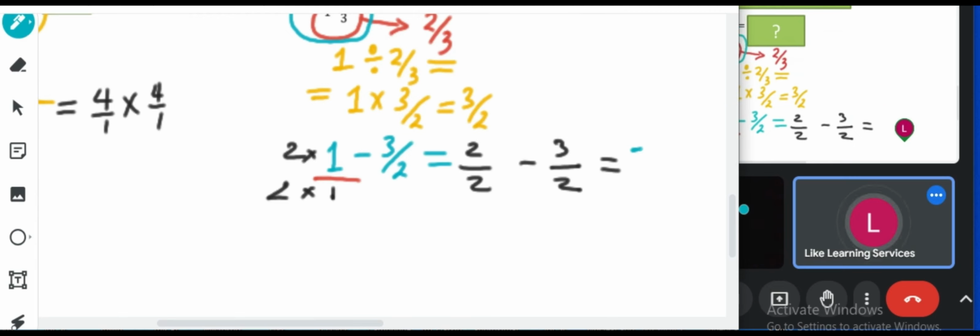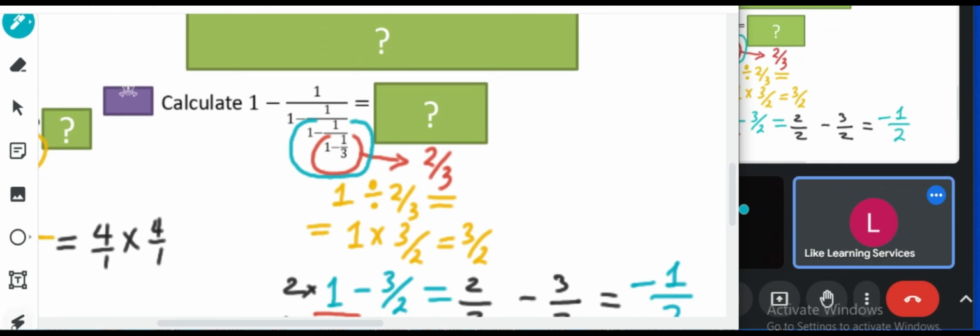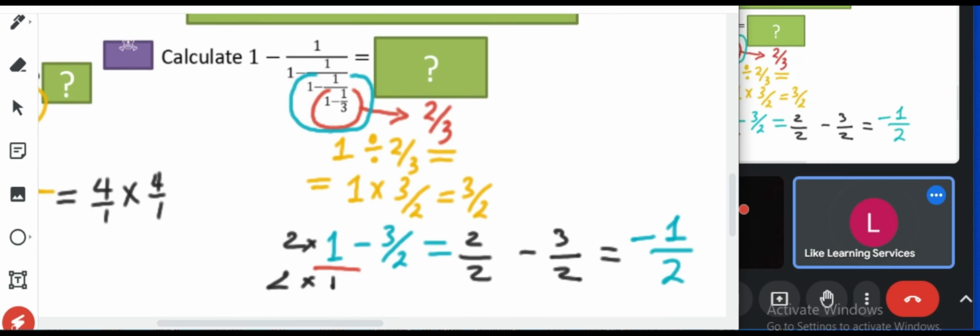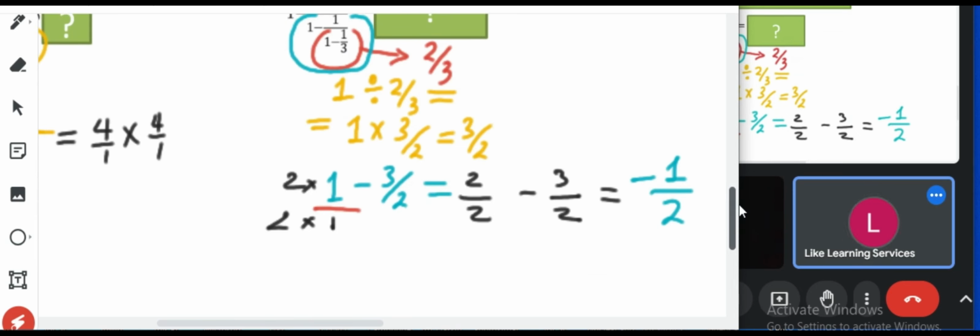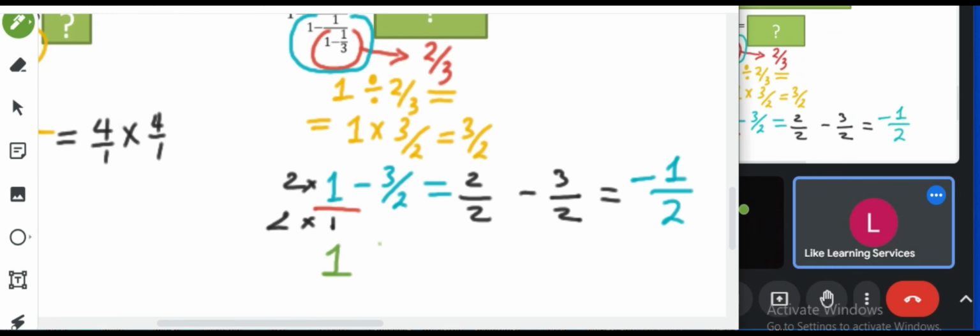Let me write it in blue too. So you have to do 1 over that minus 1 over 2. 1 divided by that minus 1 over 2. We're almost done with that. So let me write it down. Don't worry. 1 divided by that minus 1 over 2, and you know it becomes 1 times minus 2 over 1.